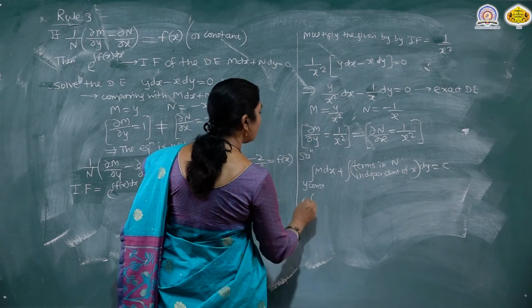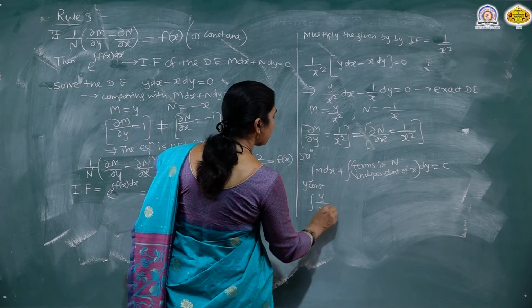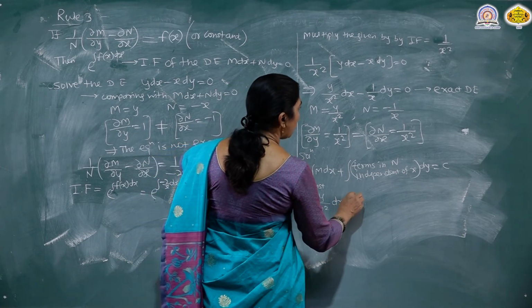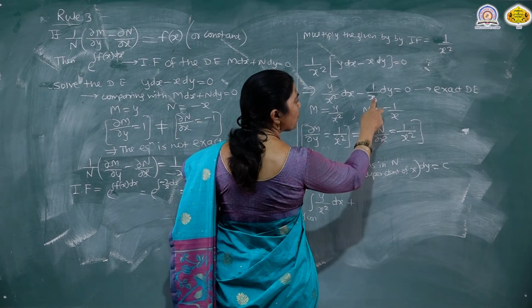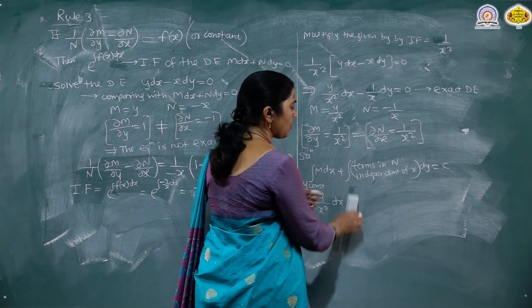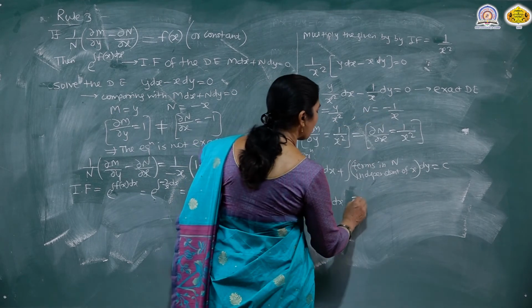Therefore, the solution is integral of y upon x square dx over y constant plus terms in N independent of x. Now observe that N itself contains x, so there is no such term here because every term in N contains x. So it is equal to c.